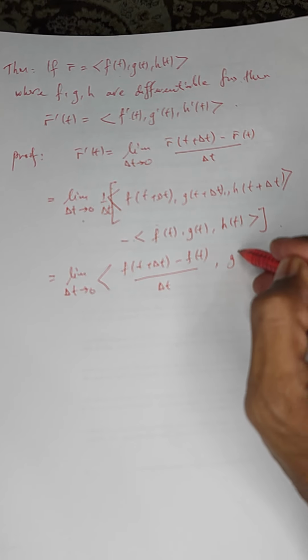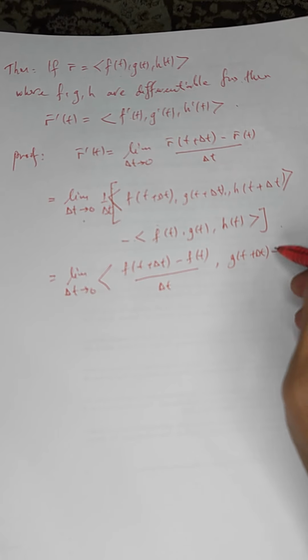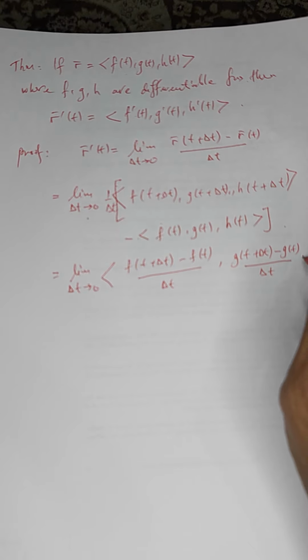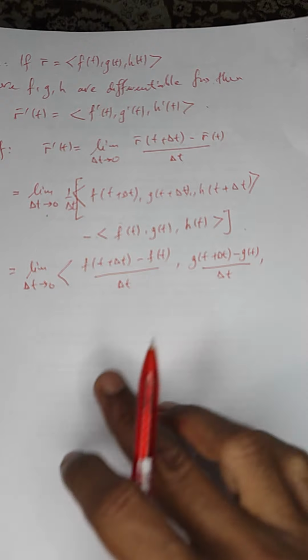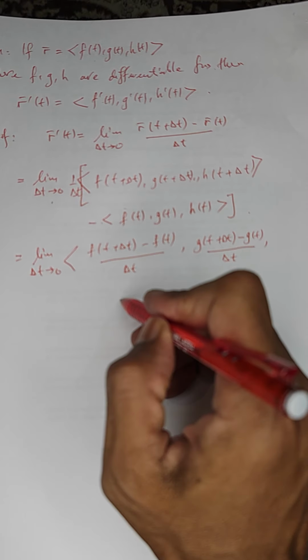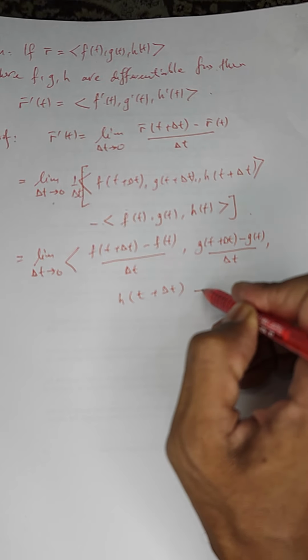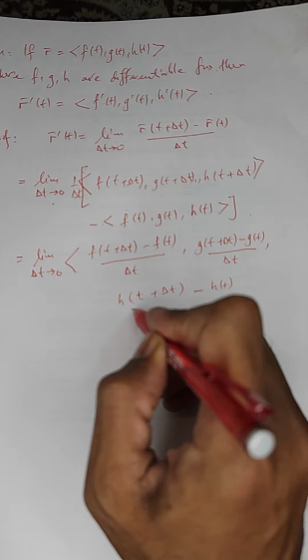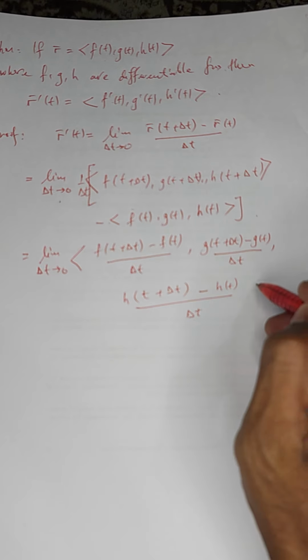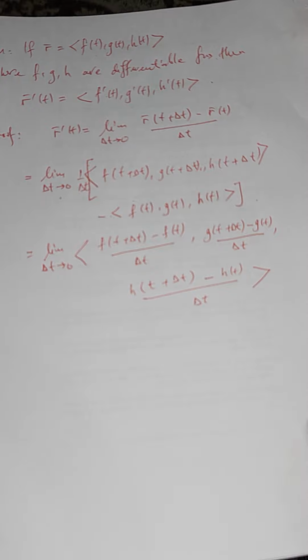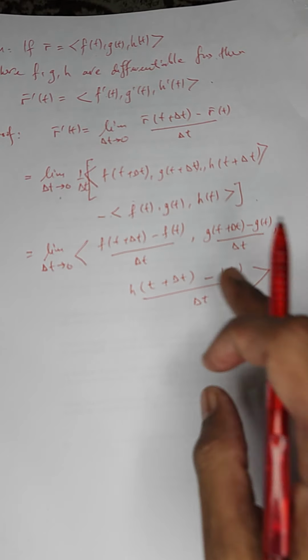The second component is g(t plus delta t) minus g(t) over delta t, and the third component is h(t plus delta t) minus h(t) over delta t. In terms of limit, we can put the limit inside for each of these components.